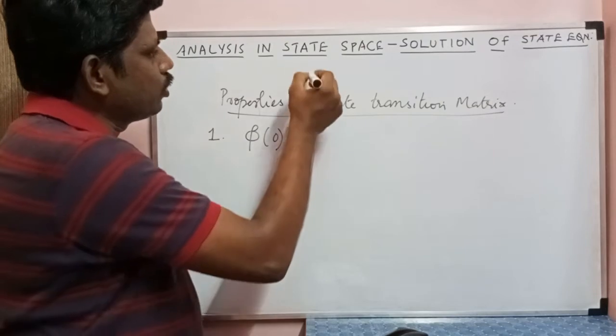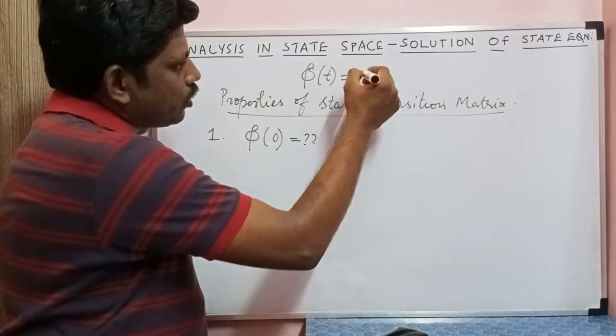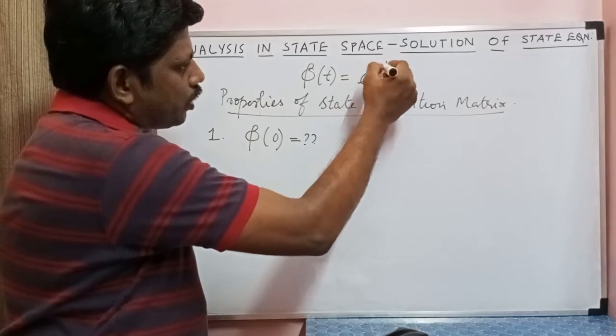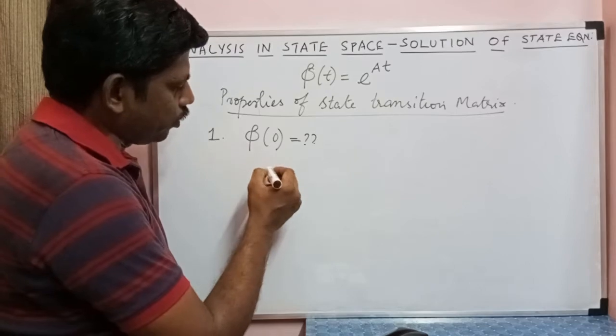We know phi of t, the state transition matrix, is represented by e power At. So phi of 0, let us calculate.